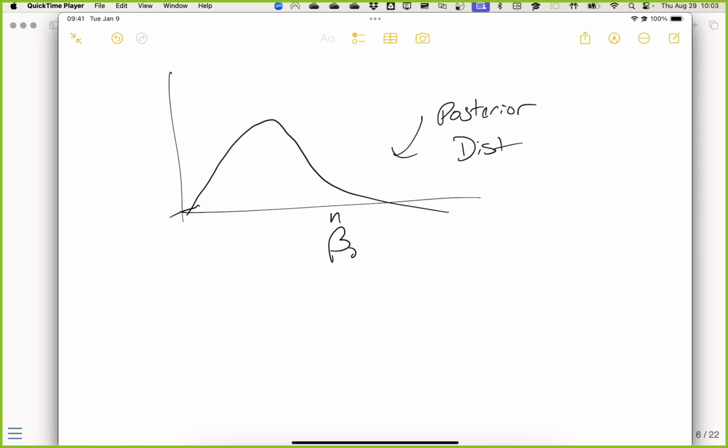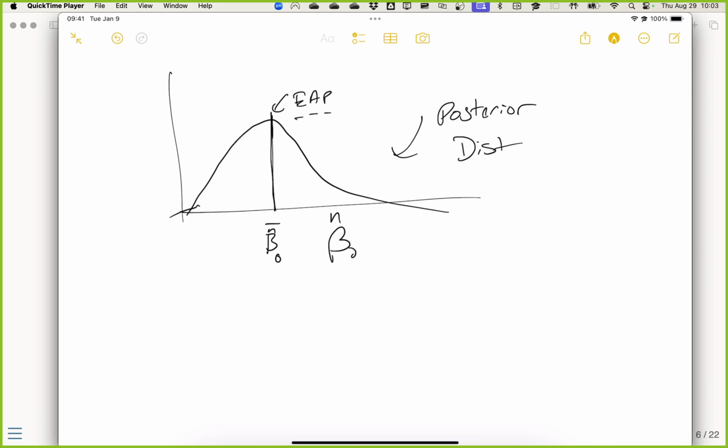So often what we end up doing is summarizing this to get a parameter point estimate. This right here might be its mean, the mean of the beta hat posterior distribution. The mean has a very specific term. I'll tell you now, we'll revisit it later. It's called EAP, expected a posteriori.